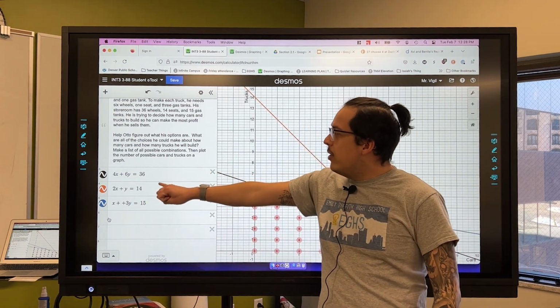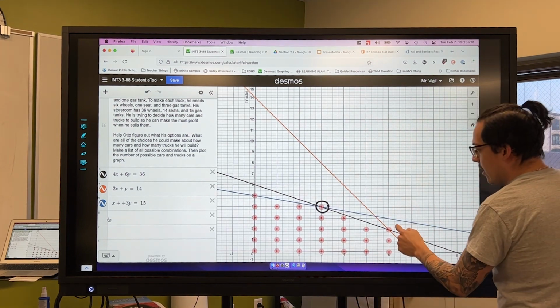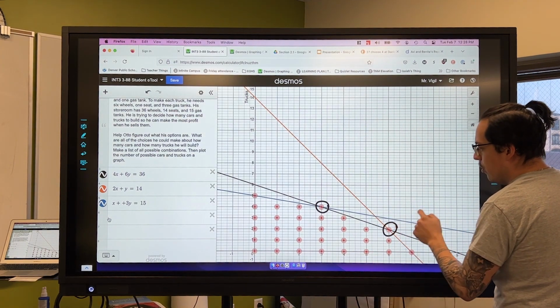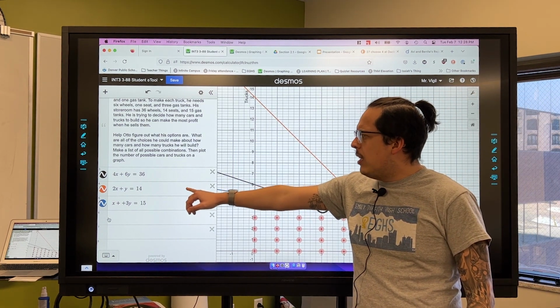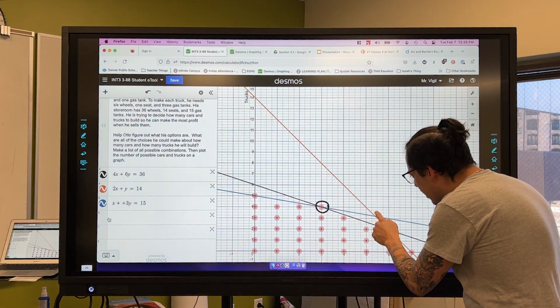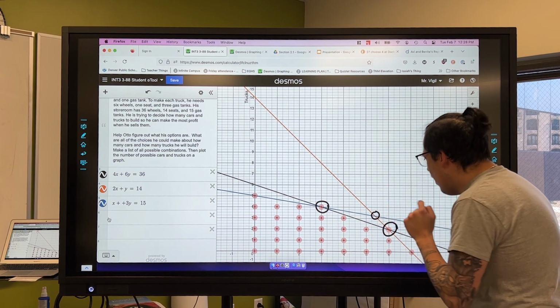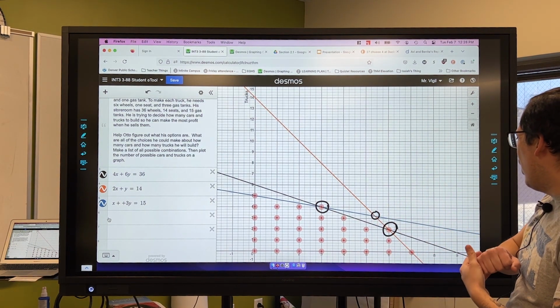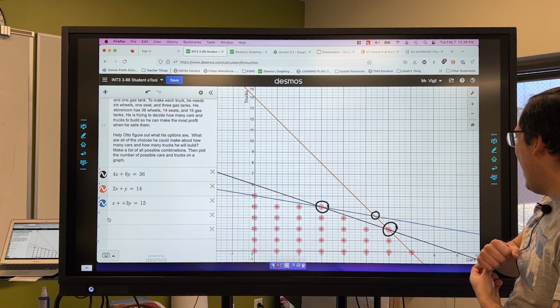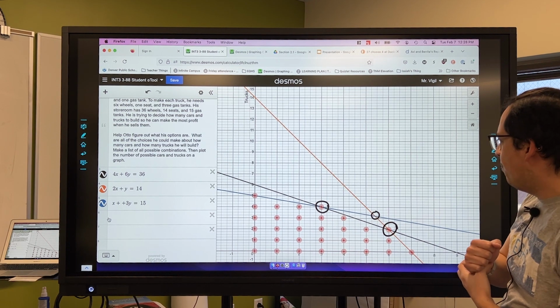The line for our wheels and our seats intersects at 6, 2. And then we have an intersection between our seats and our gas tanks over here at what looks like 5 1/3 and 3 1/2, something close to that.